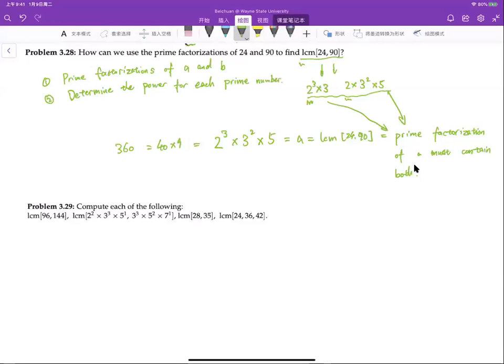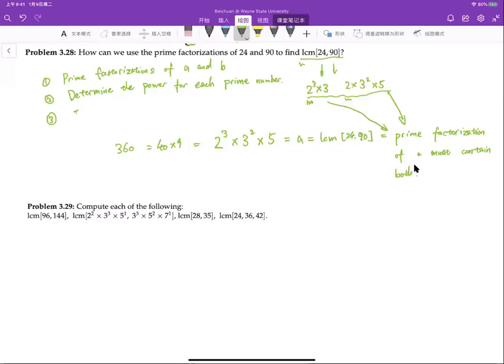Right. So if a prime number is in the factorization of A but not in B, then you can just copy that. But if there's a power in both of the factorizations, you have to pick the larger one. This is how we find the prime factorization of the LCM.